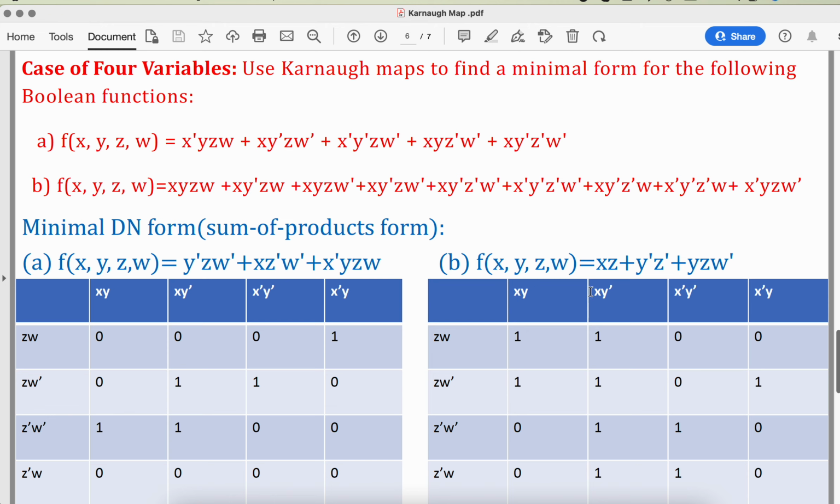So from here we get X, from here we get Z. So one group consists of these 4 ones.